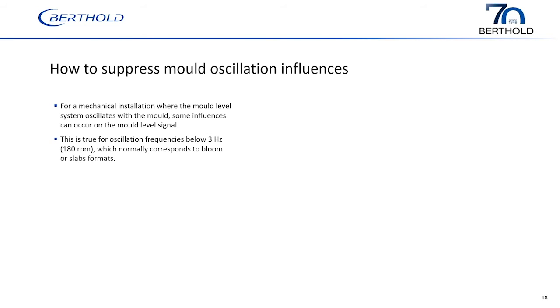This is mainly seen for oscillation frequencies below 3 Hz, which equals 180 revolutions per minute, which normally corresponds to bloom or slab formats. For higher frequencies, the effect is cancelled out. So that means for a billet caster, this effect is usually not seen.